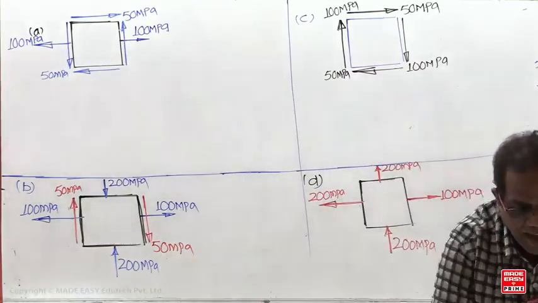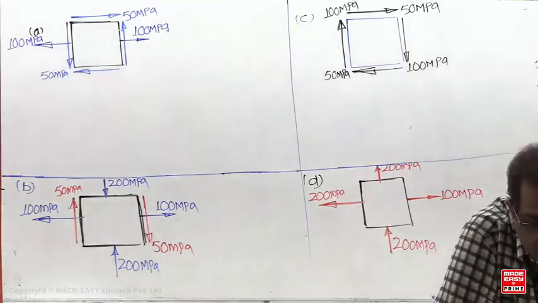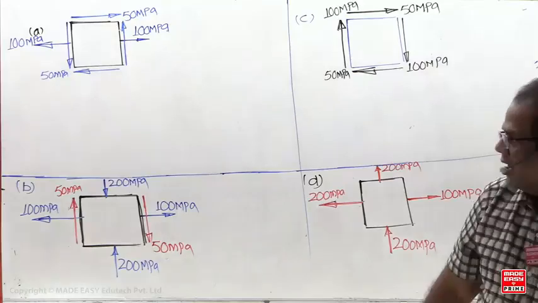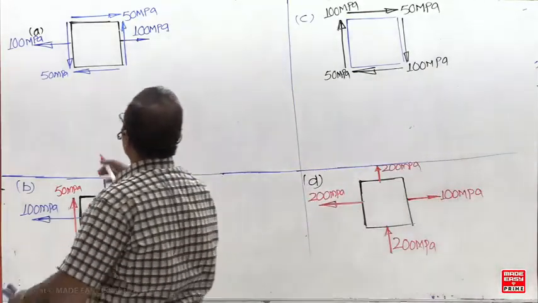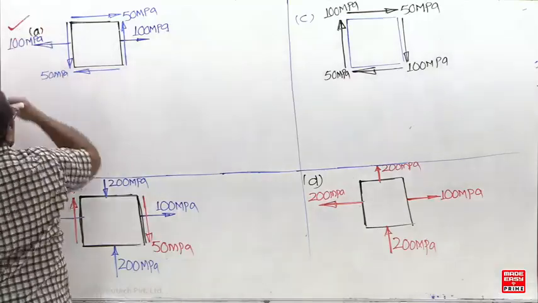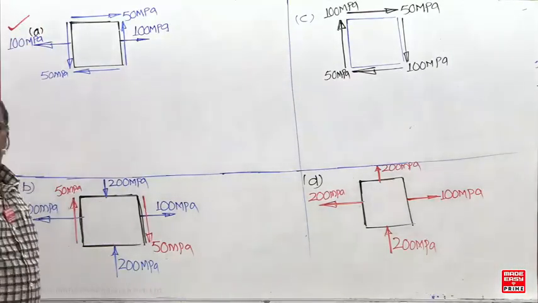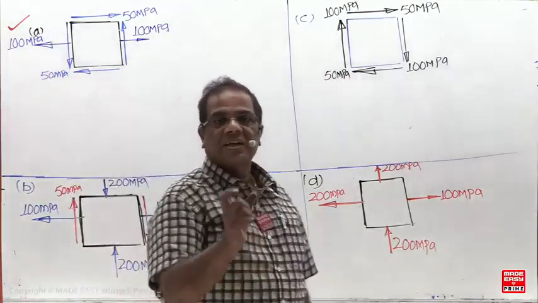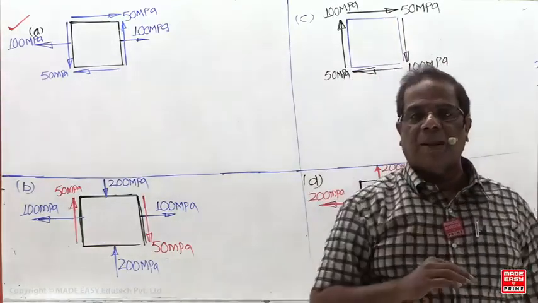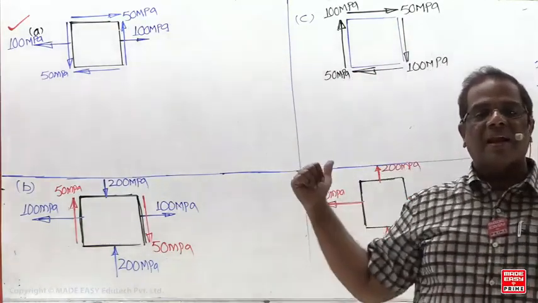Everybody is giving B. How are you giving B, Mr. Sanjeev Gupta? Only option A is correct. What have you studied? A state of stress must always be such that the point is under equilibrium, whether biaxial or triaxial.